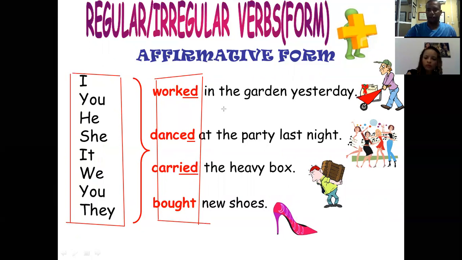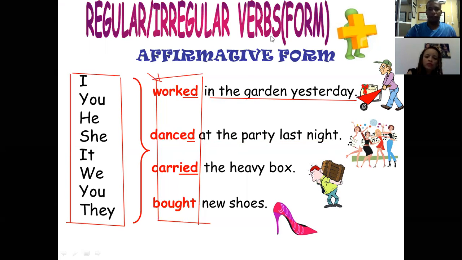Para oraciones negativas, vas a escribir primero el nombre de la persona o el pronombre personal que lo representa, seguido de ¿qué? Del verbo. ¿En qué tiempo? En pasado simple. ¿Sí? Seguido del verbo en pasado simple, más el resto de la oración o complemento. Es así como construimos oraciones en pasado.